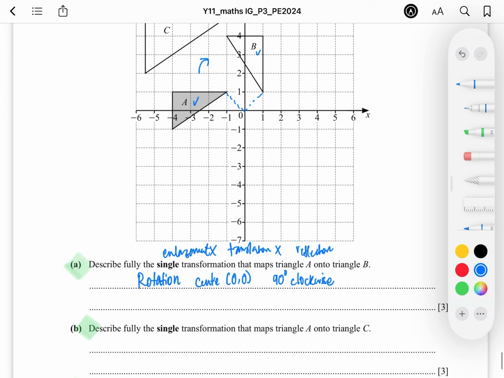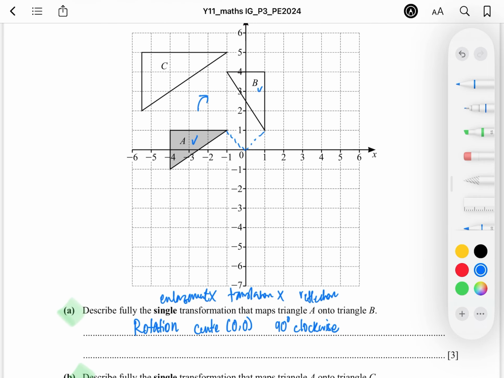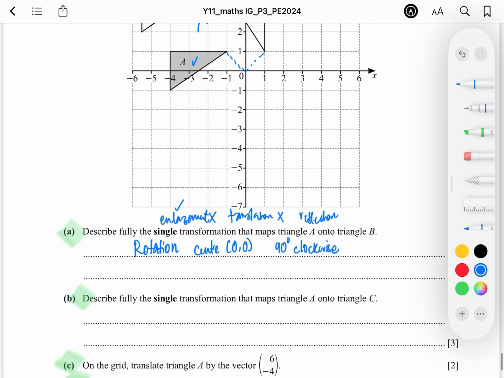Describe fully the single transformation that maps A onto C. So A onto C, definitely enlargement because it's bigger. Be careful with your spelling. Enlargement, you have a scale factor, how much bigger it is.